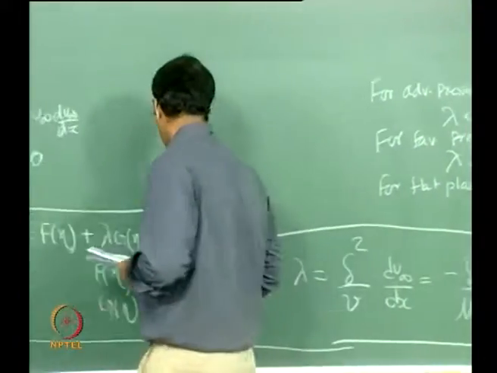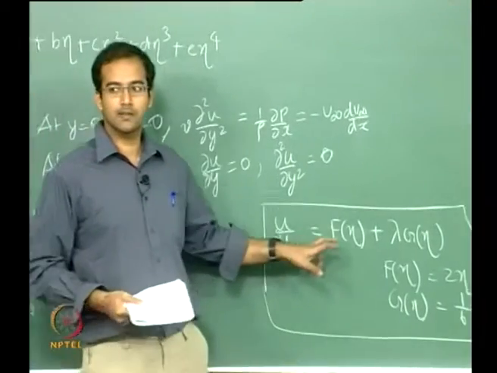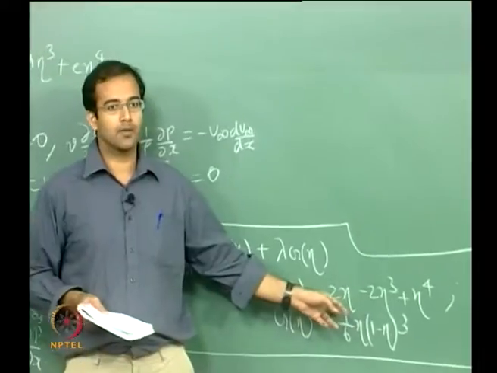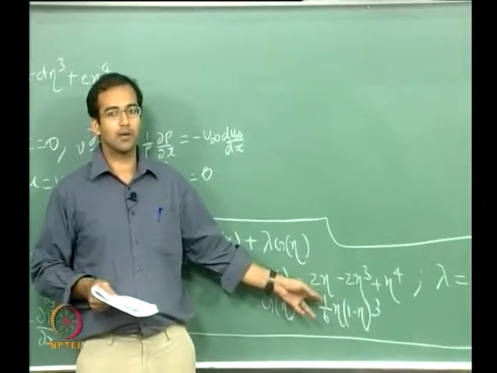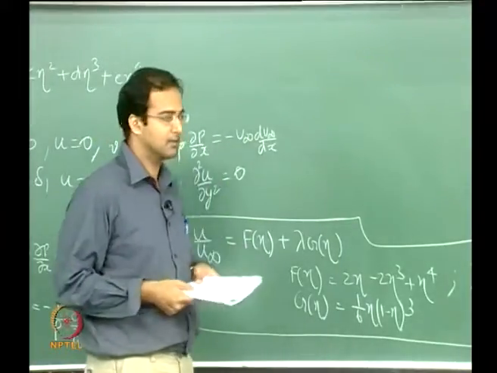Okay. So in fact if you put lambda equal to 0, this profile will become u by u infinity is capital F of eta, which is nothing but the flat plate profile that you get if you assume the quartic polynomial. Okay. So that is the check.